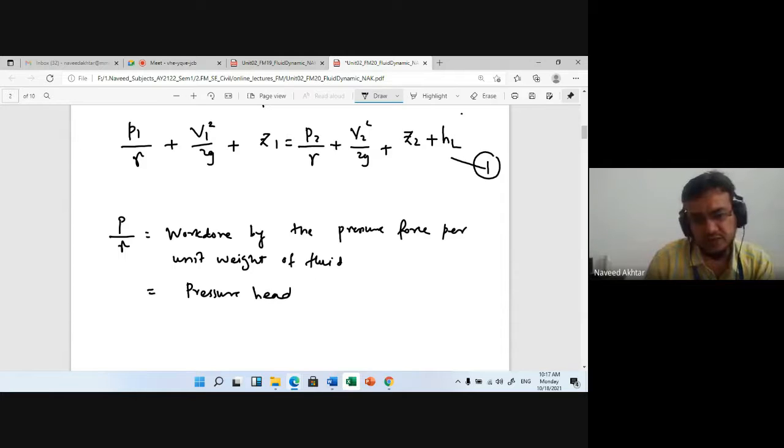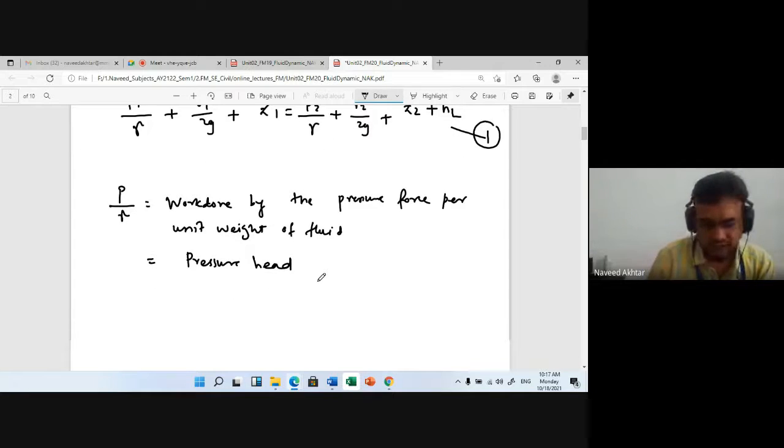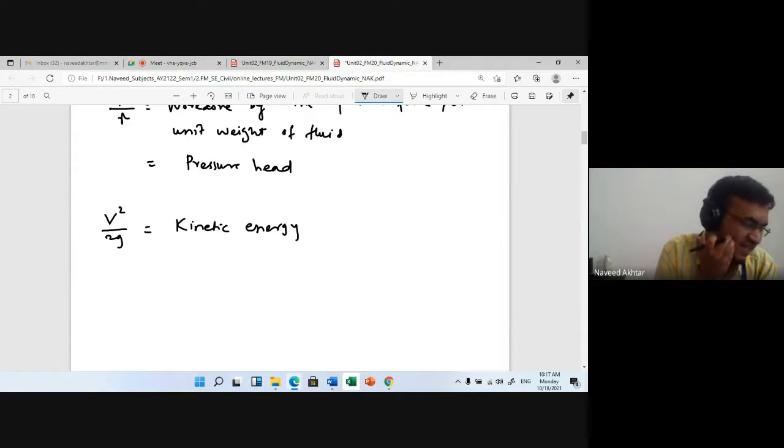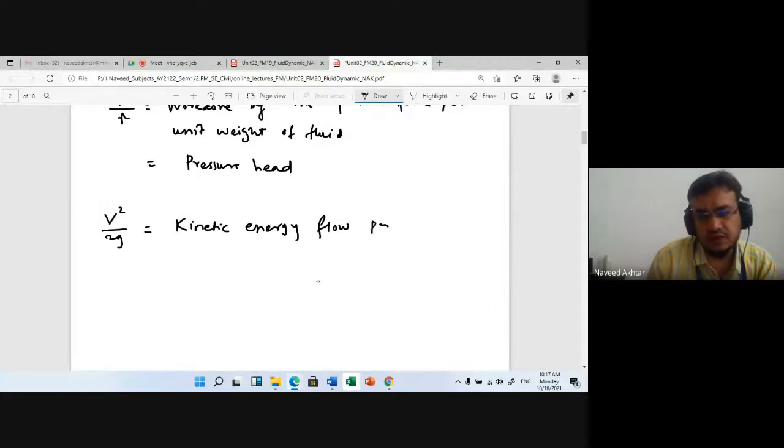Already we have derived this from the equation, and V square upon 2G is nothing but the kinetic energy of the flow per unit weight of fluid.